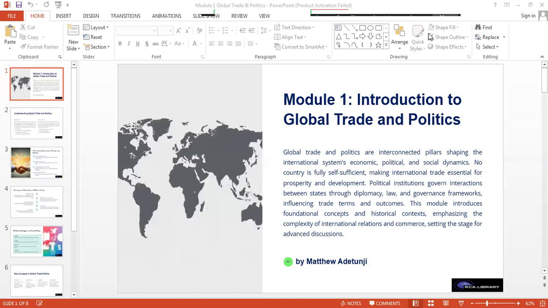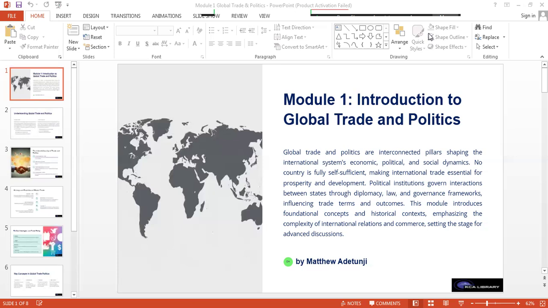No country is fully self-sufficient on its own, and that makes international trade essential for the prosperity and development of each of these nations. Political institutions govern interaction between states through diplomacy, law, and governance frameworks, influencing trade terms and outcomes.